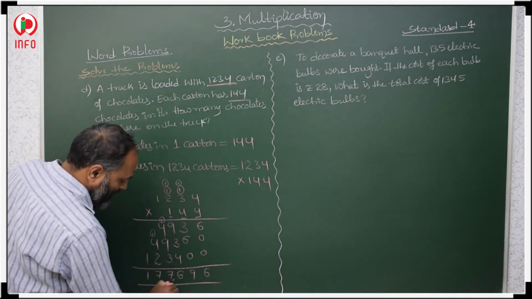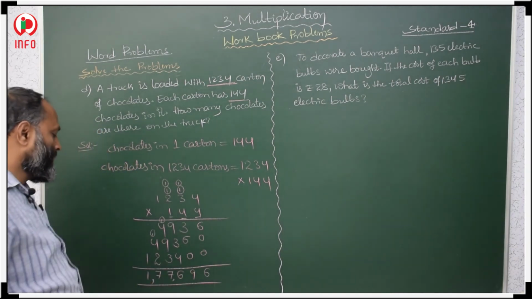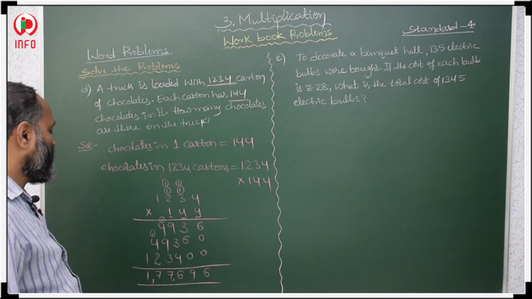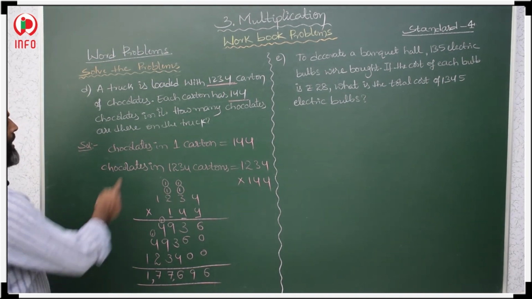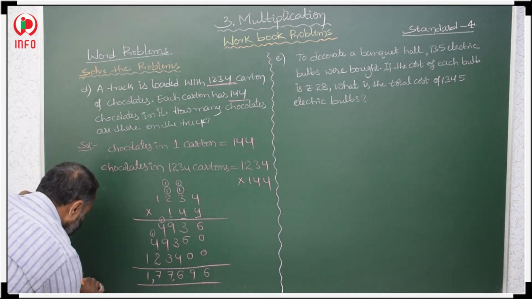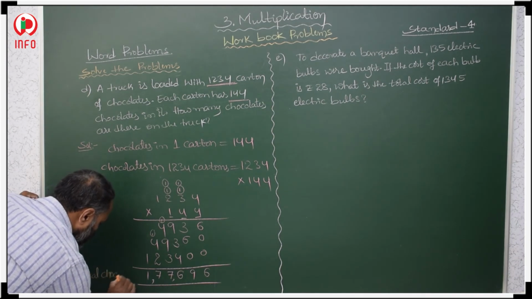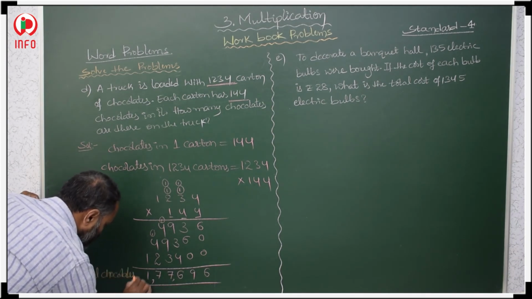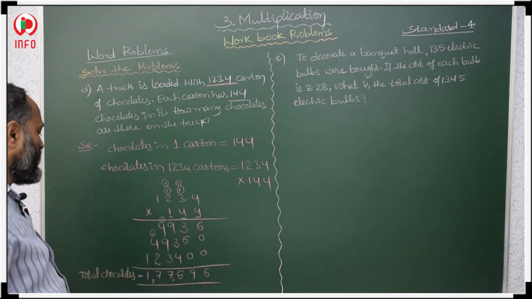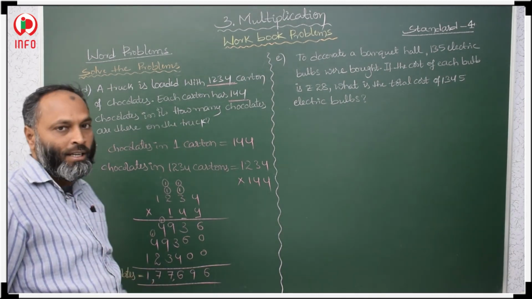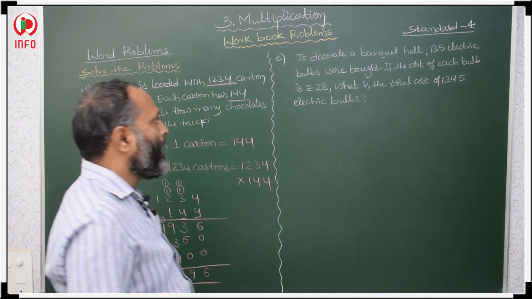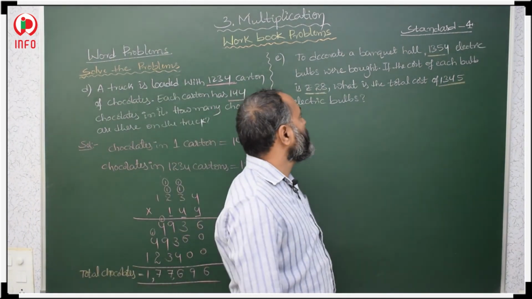So this is 1,77,696. These are the total chocolates in the truck. This many chocolates.